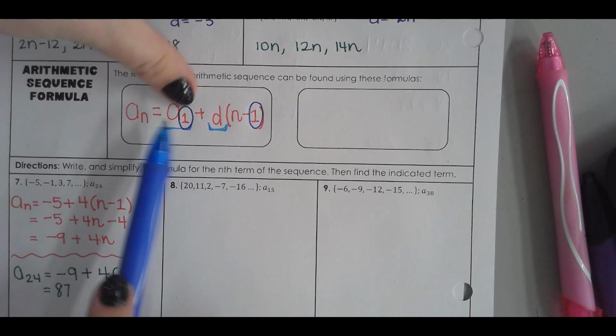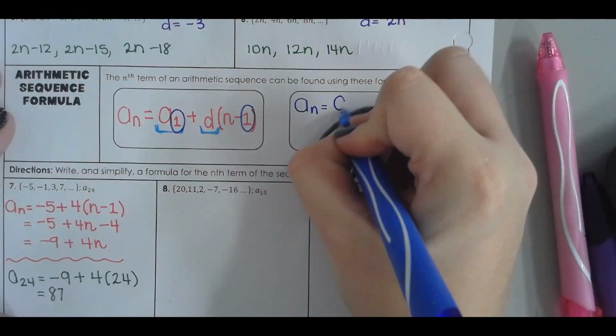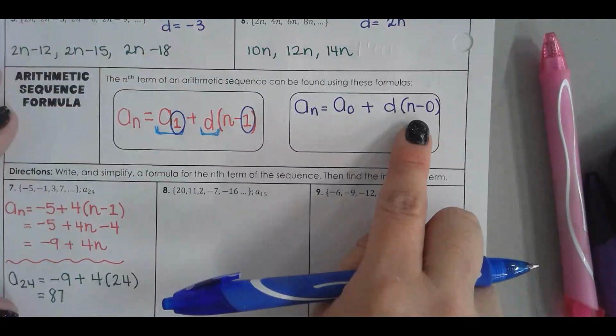We could also do A0 and then n minus 0. It's just n.